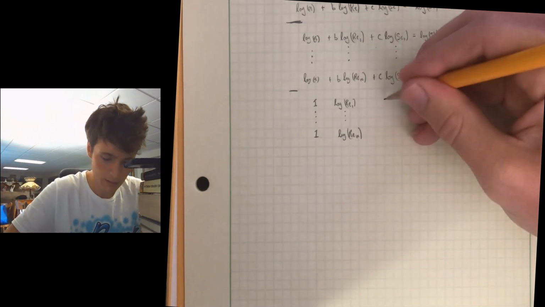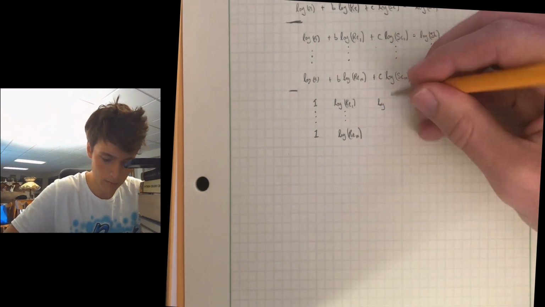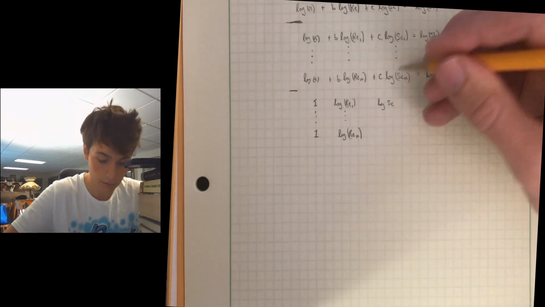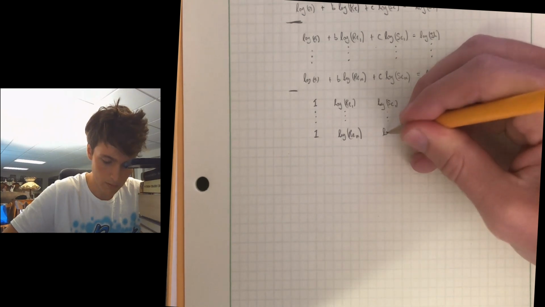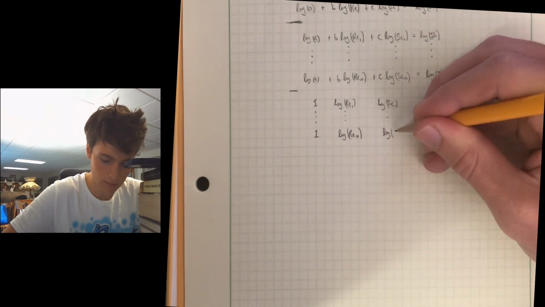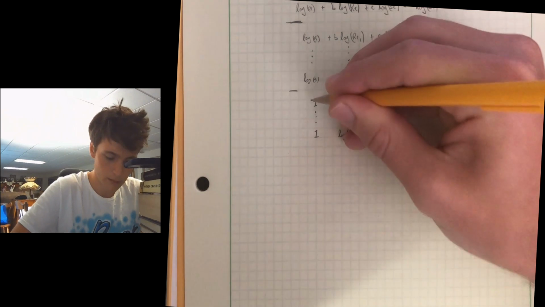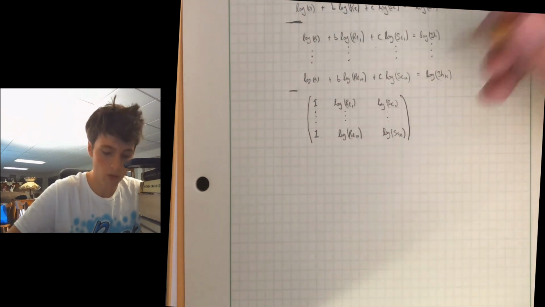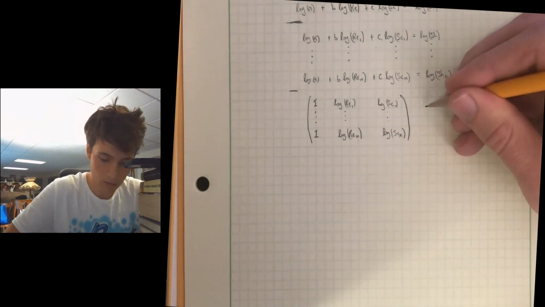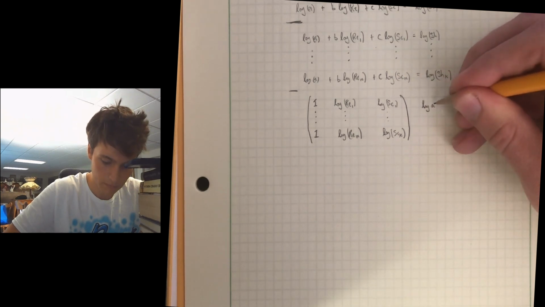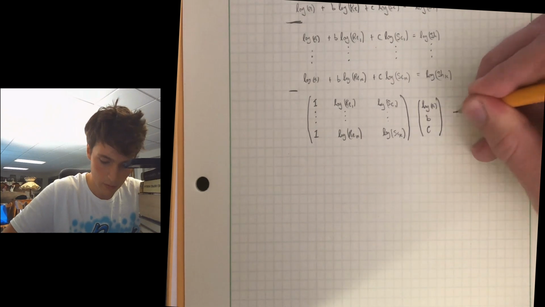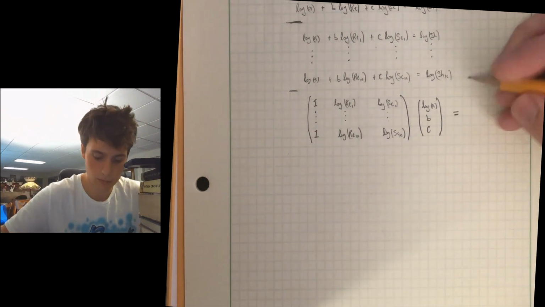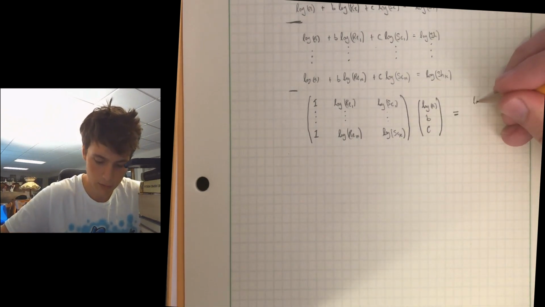And then we have the log of our Schmidt numbers in the third column, all the way to the log of our kth Schmidt number. That's our matrix, multiplied by the vector log of A, B, and C. What's that equal to? That's equal to the vector of log of our Sherwood numbers.